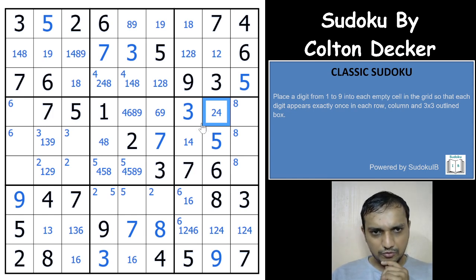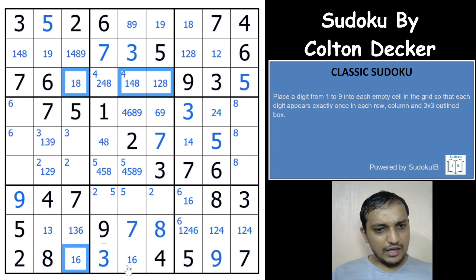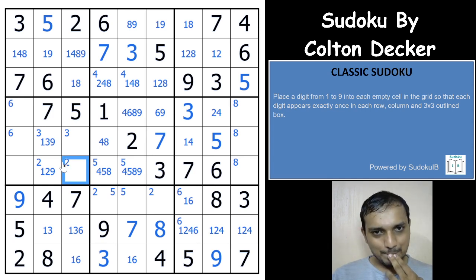Not sure if that is helpful, but of course this cell cannot be a 1 using the finned X-wing here. Okay, I was looking for a Y-wing technique and I got a finned X-wing. Not bad, 100% not bad.